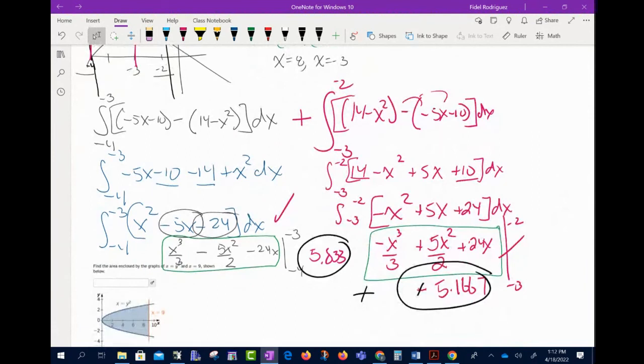Yeah, because it was minus. Remember, it was really when I'm doing this here. Let's see. Yeah, I was supposed to add them together.